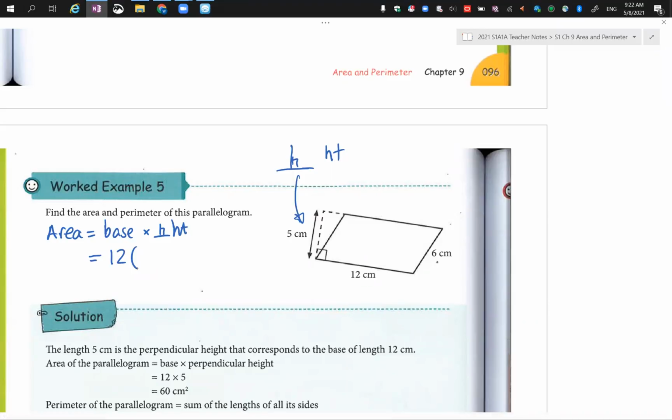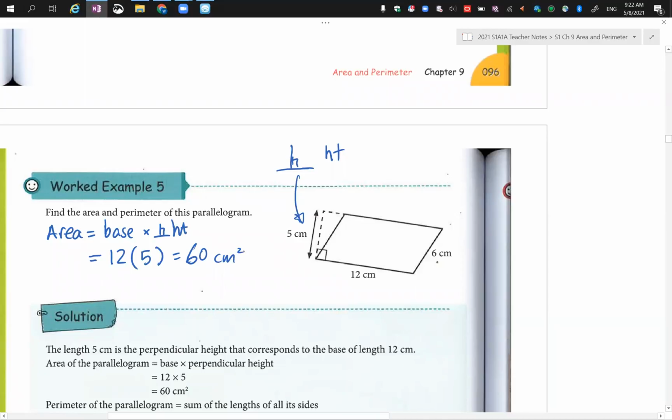Are you seeing something that I'm not seeing? Indra? What is the perpendicular height? No, what is the distance of the perpendicular height? 5. So that gives us an answer 60. 60 square centimeters.